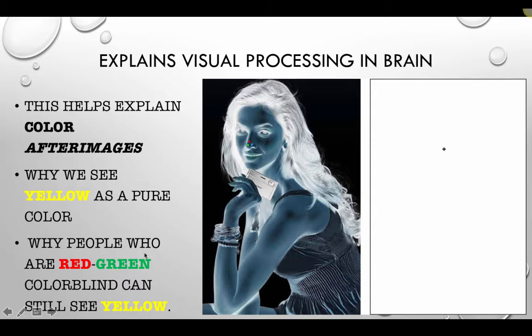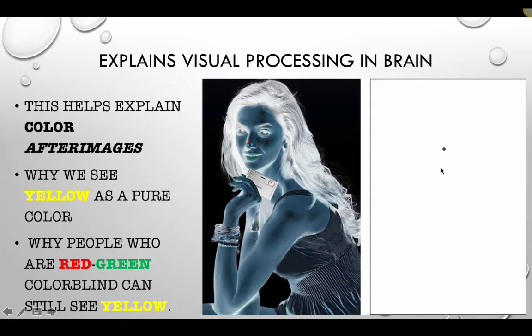Now, here's how an afterimage works. If we're staring at an image, let's say a red triangle, our brain will hold that red triangle image constant. But if we look away from the red triangle and we look at a white wall, that white wall means we're seeing equal amounts of red and green. Remember, if we see red, green, and blue in the same spot, we perceive white.